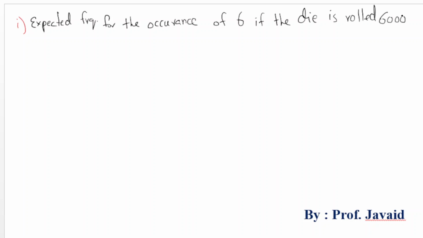We already have 1 over 8, so just multiply by 6,000 times. By putting it in the calculator, we will get 750. So write like this.